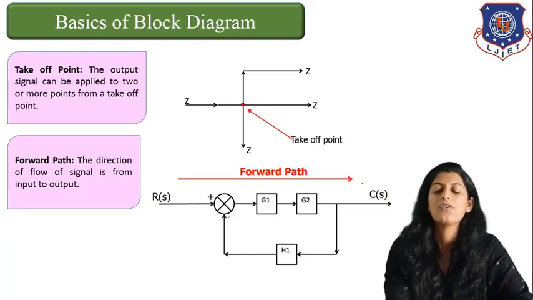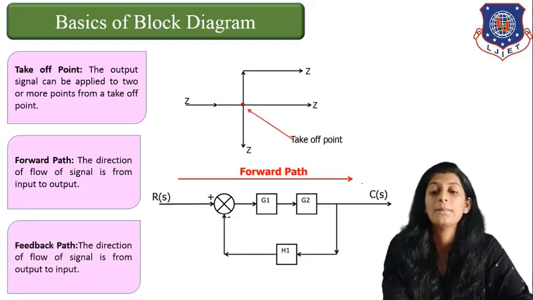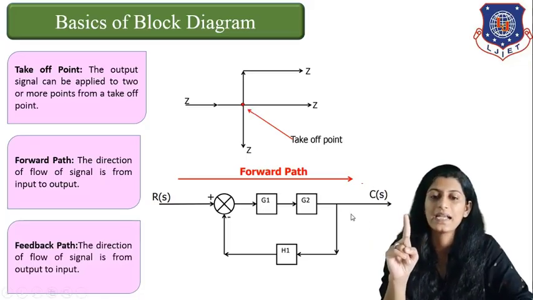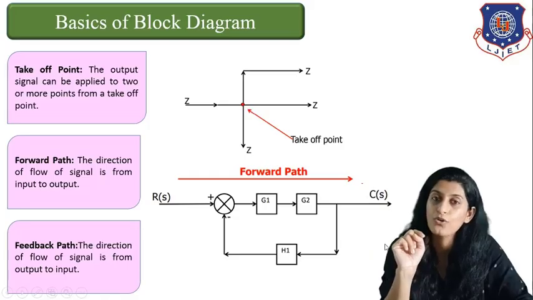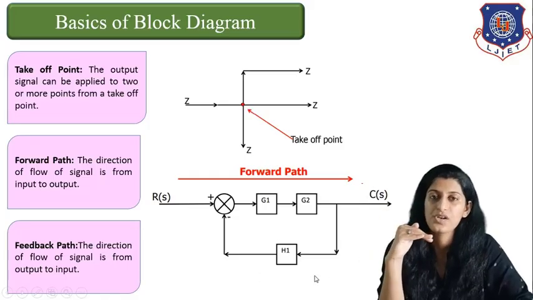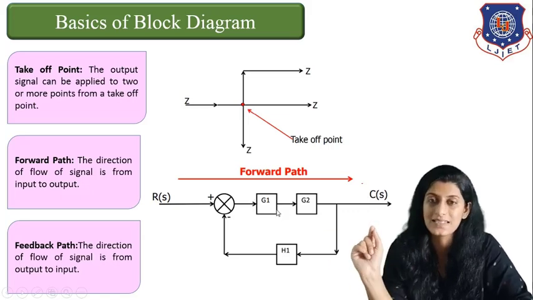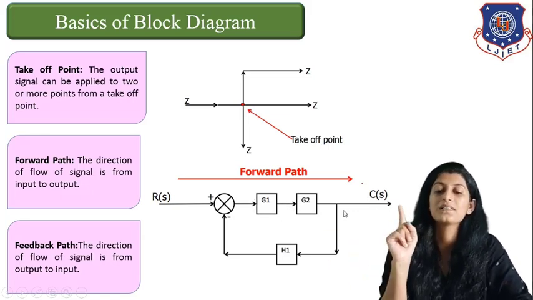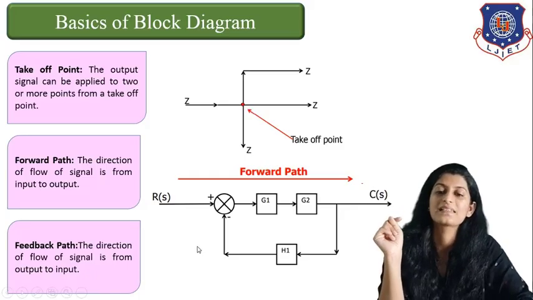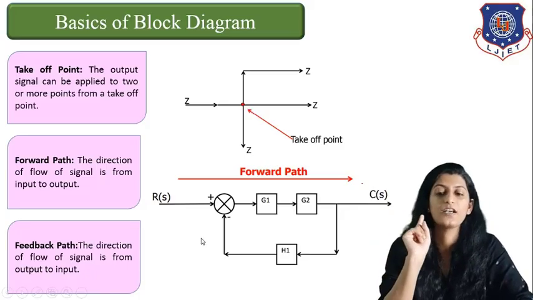Correct? Now let's see what the feedback path is. We all know that whenever we send our output value to be measured and fed back into the system, it is known as a feedback system. So the path which covers the feedback system is termed the feedback path.